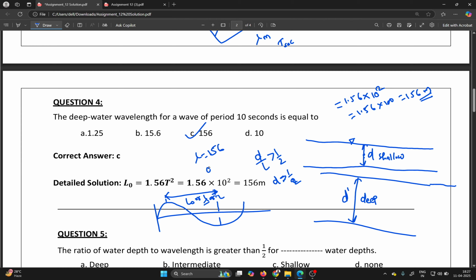So your depth should be how much? Depth should be greater than half, means let us divide by 2. So greater than 156 by 2, that is 78 meter.